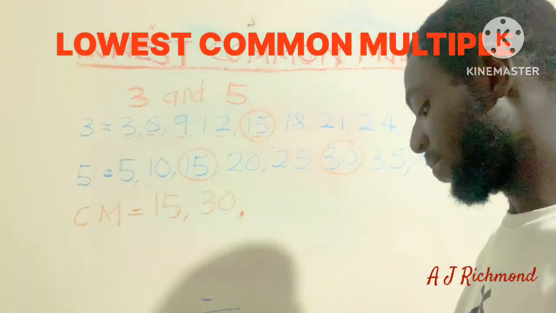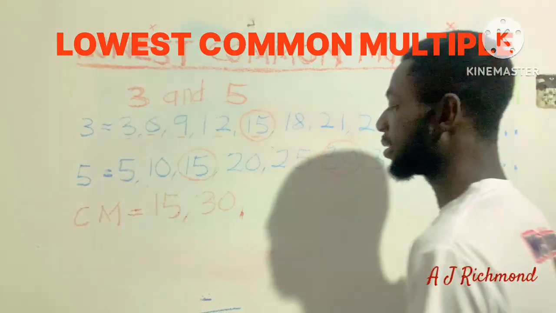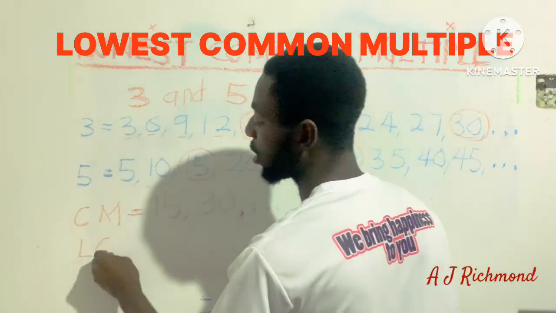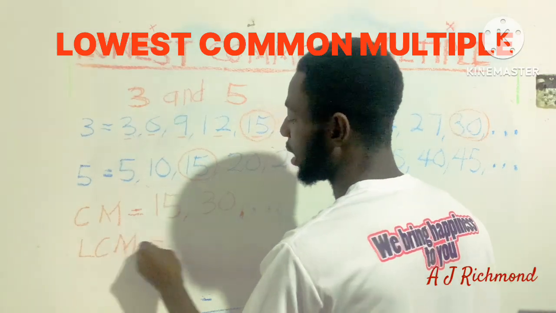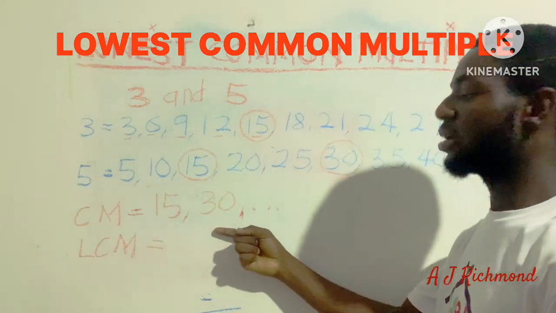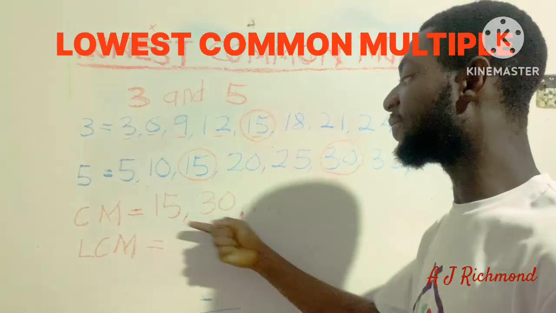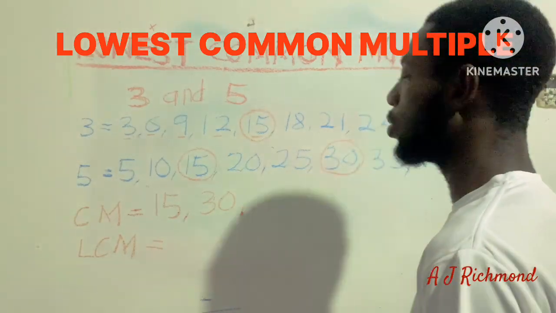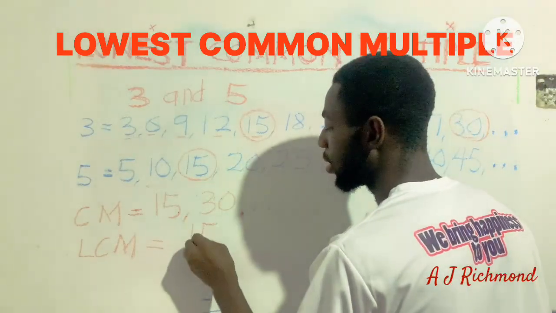So our lowest common multiple is given by comparing 15 and 30. We can clearly see that 15 is the smallest number. So 15 is our lowest common multiple.